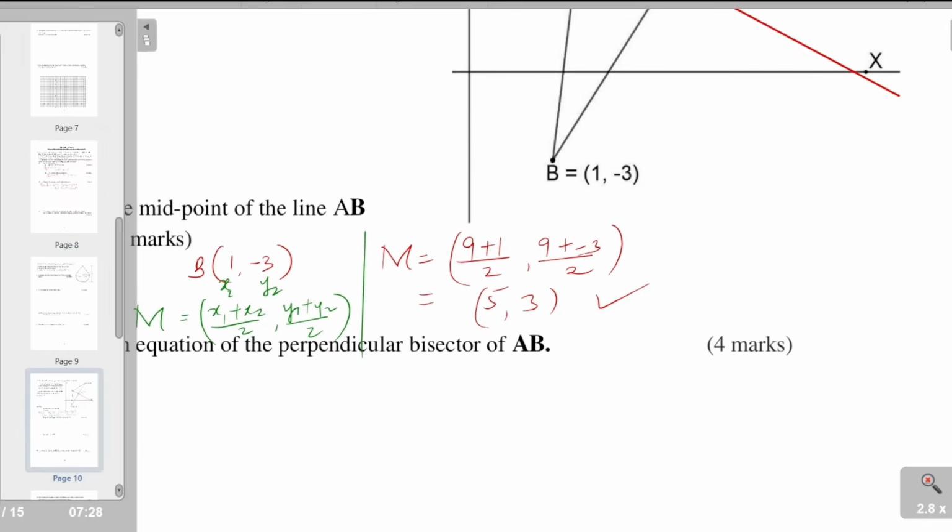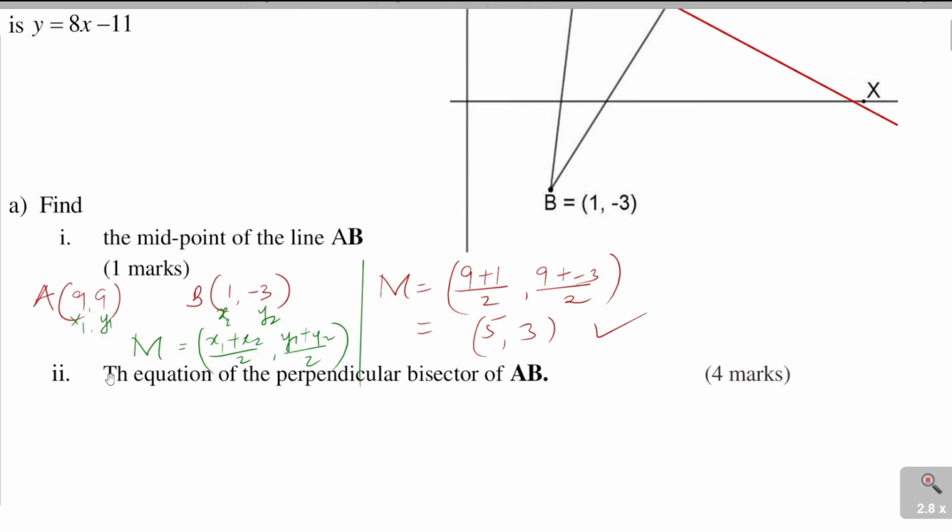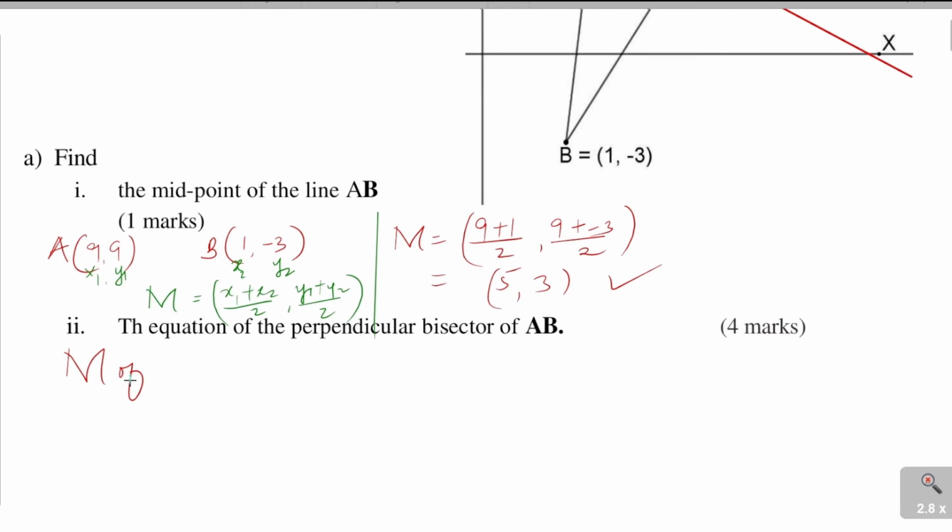We have points A and B. Gradient is change in y, which is 9 subtract -3, divided by change in x, 9 subtract 1. So this gives 12 divided by 8, which simplifies to 3 divided by 2.